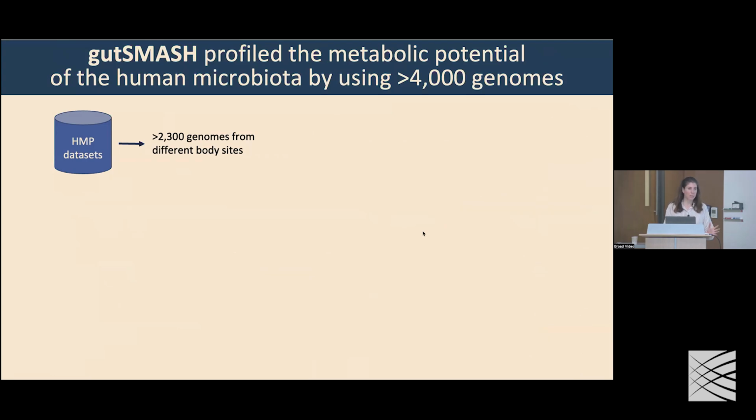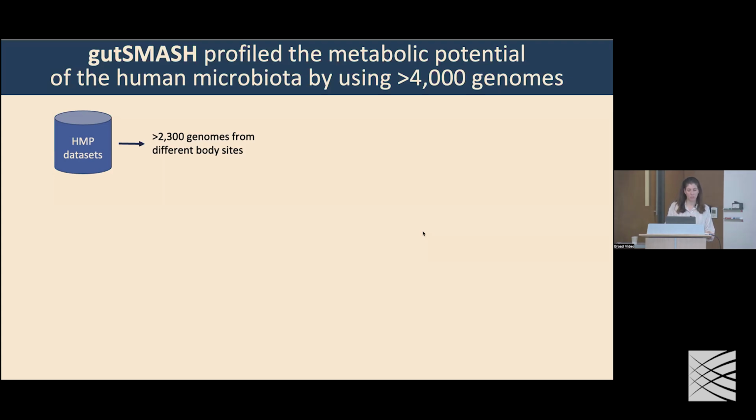Okay, so once we had the tool, we decided to test it out on a data set that contained microbial genomes from healthy donors. And that helped us to profile the metabolic potential of the human microbiota. For that, we used more than 4,000 genomes.